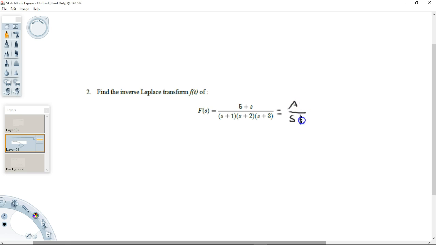So you have A over s plus 1, plus B over s plus 2, plus C over s plus 3. So the goal is to be able to find A, B, and C. And if you can find A, B, and C, it's a lot easier to convert that back into the time domain.